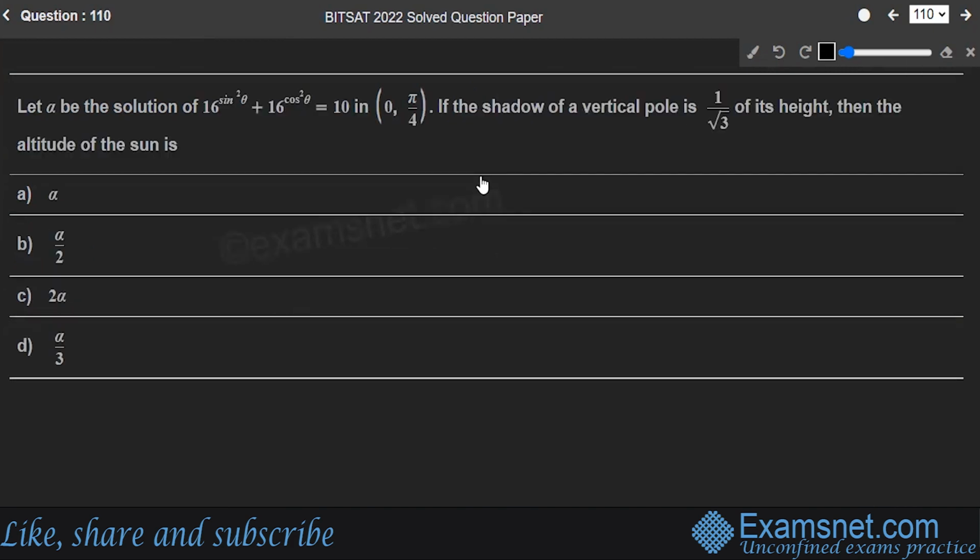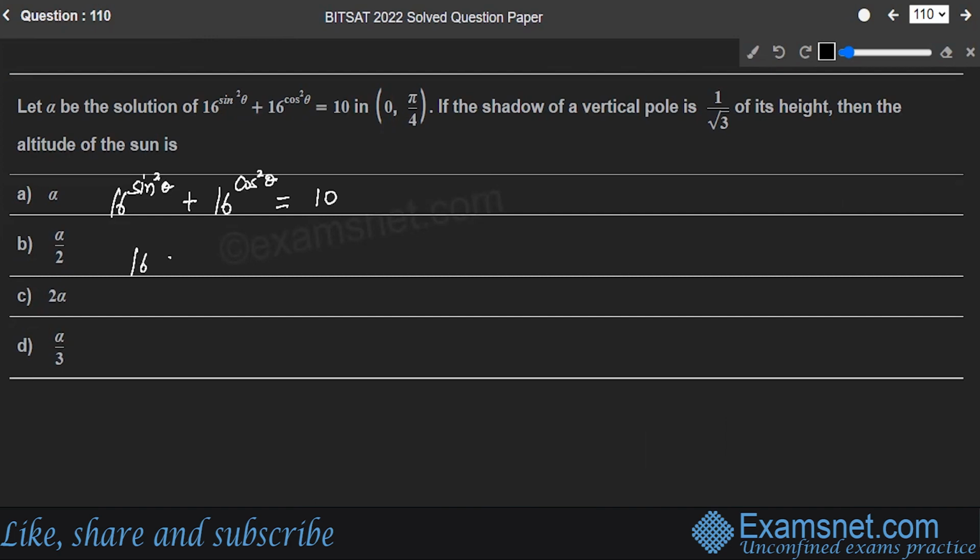Let alpha be the solution of 16 sine square theta plus 16 cos square theta is equal to 10 in 0 to pi by 4. If the shadow of the vertical pole is 1 by root 3 of its height, then the altitude of the sun is. Okay, so I have 16 power sine square theta plus 16 power cos square theta is equal to 10.